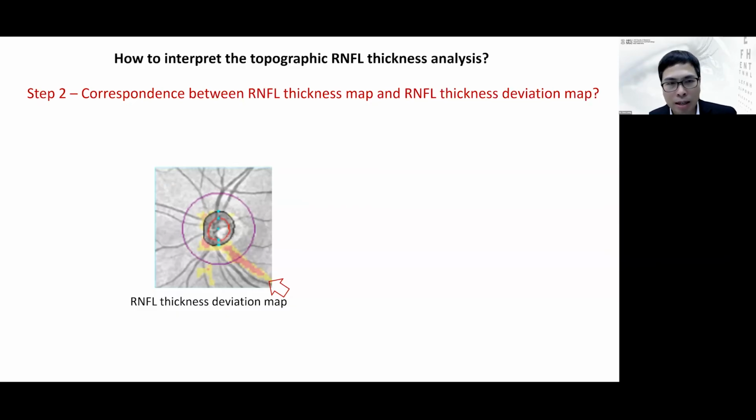to look for in the printout is correspondence between the retinal nerve fiber thickness map and the retinal nerve fiber thickness deviation map. Now, notice that we have a deviation map showing red over the infratemporal sector, indicating that these pixels are below the first percentile of the normal values, suggesting that these are likely to be retinal nerve fiber defects.